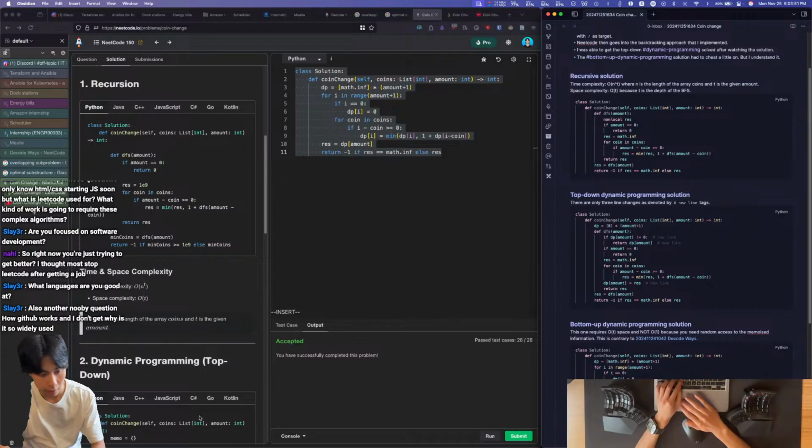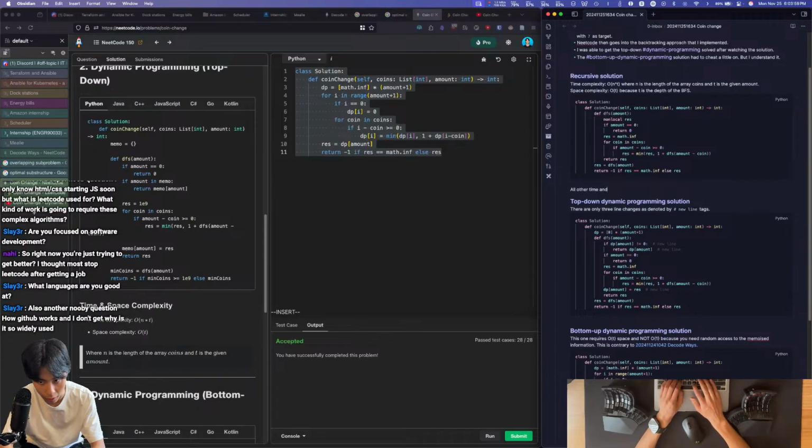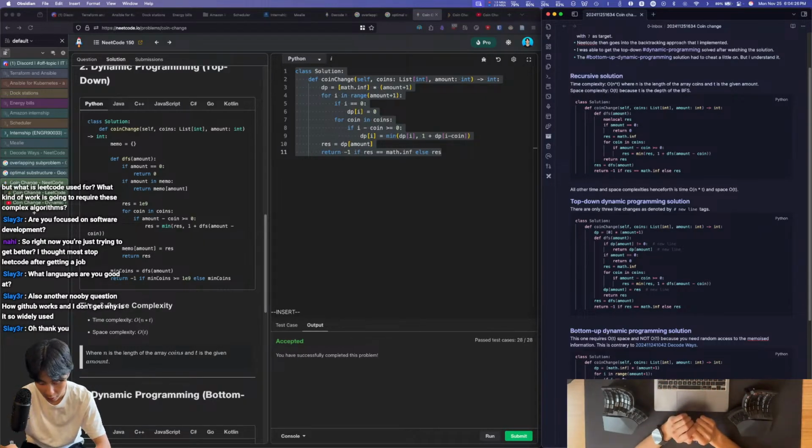So, top-down approach: all other time and space complexities henceforth, I don't know why I'm writing so fancy, is time O of n times t and space O of t, where t is the amount, which makes sense.